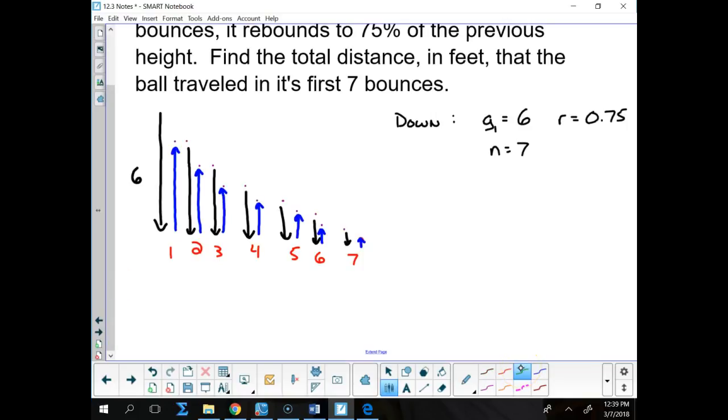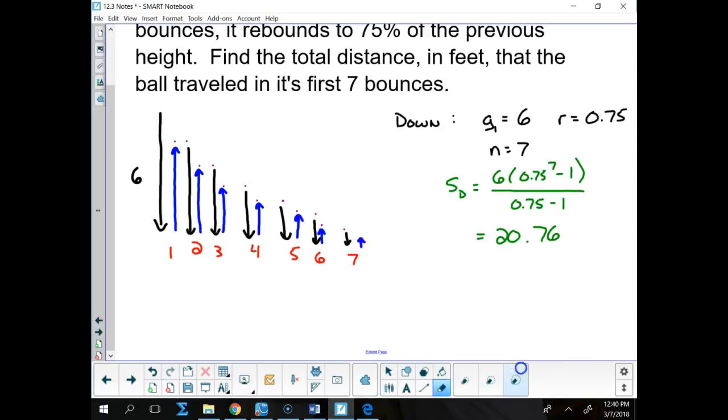So that gives me 0.75 to the 7th power minus 1, times 6, divided by 0.75 minus 1 tells me that that is 20.79, not 76. Yes?